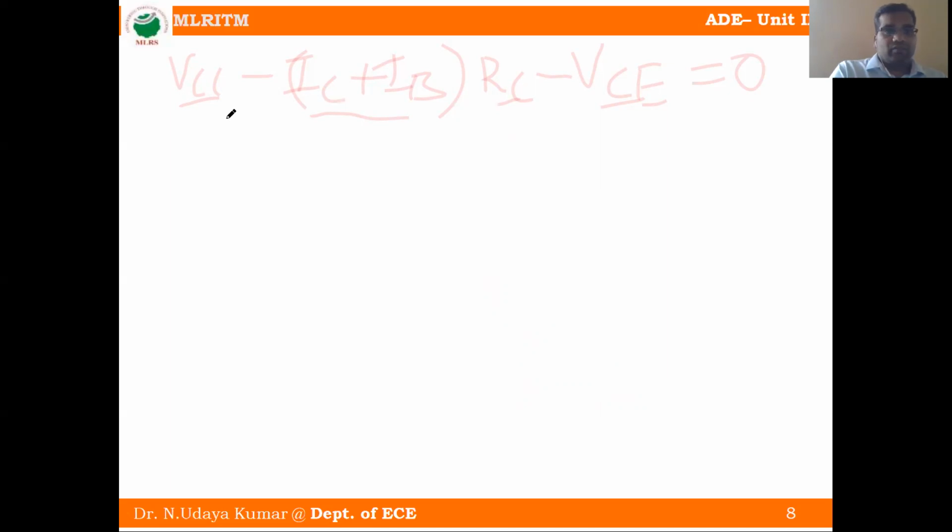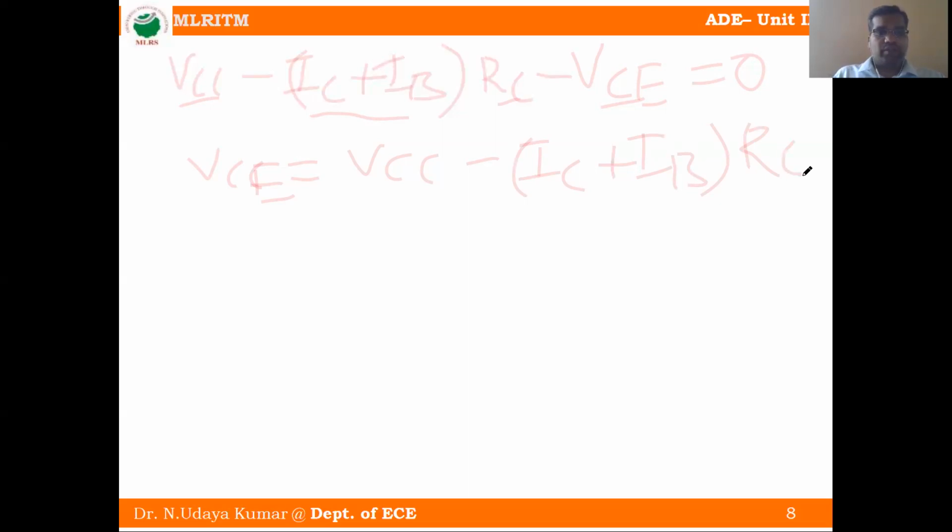So from this, what is VCC? If we shift VCE to the right side, then VCE is equal to VCC minus IC plus IB into RC.